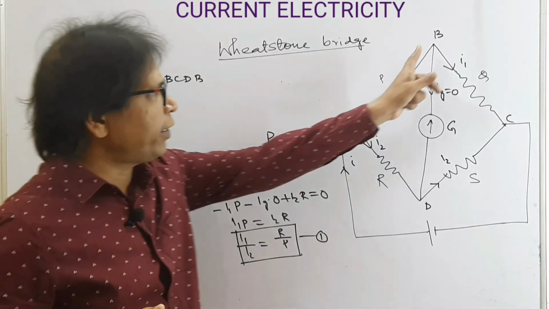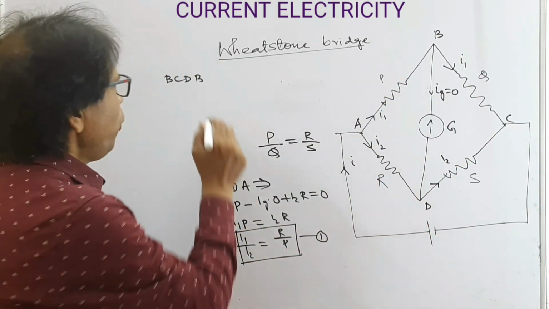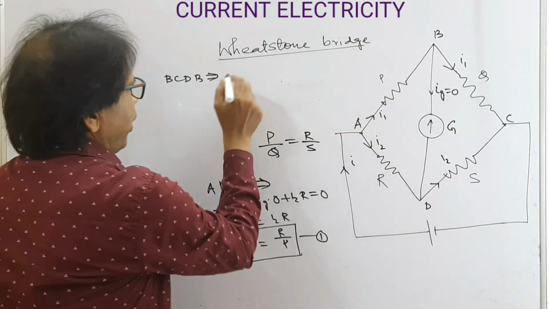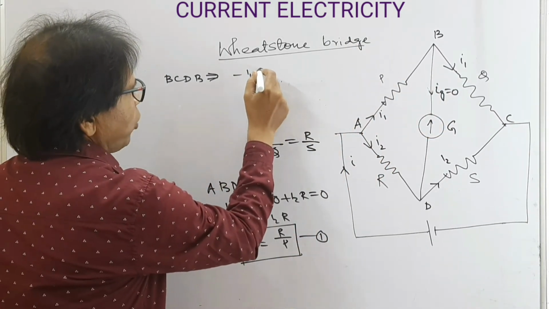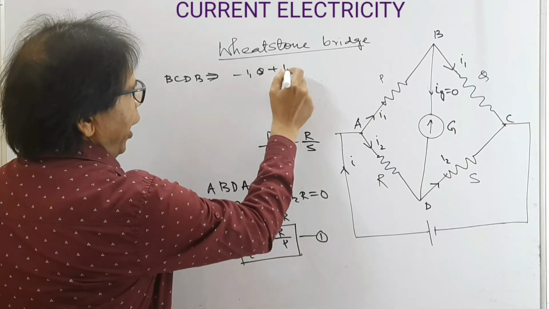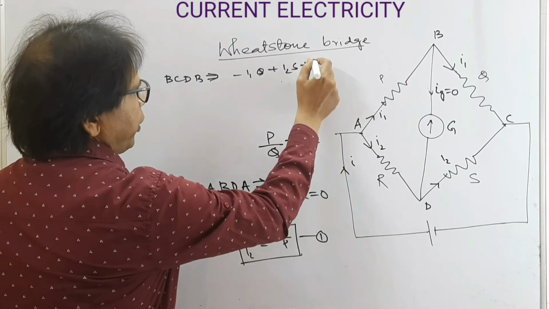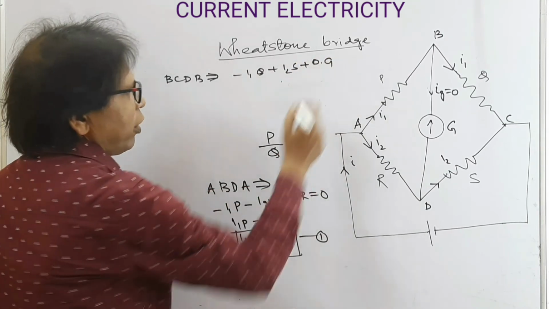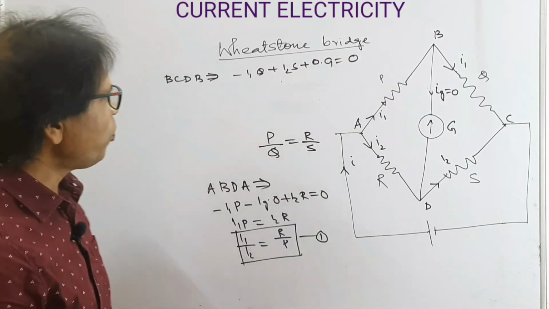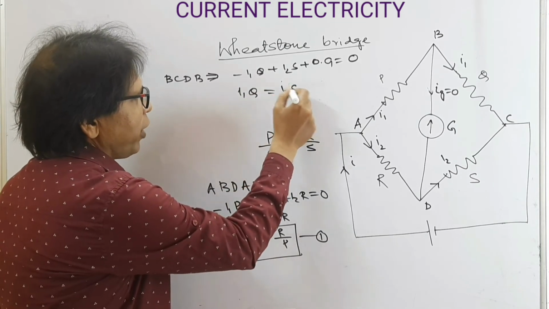Okay, in the loop B, C, D, B, we get, this is the direction of current, so minus I1 into Q. This is opposite to the direction of current, so plus I2 into S, and this also is opposite to the direction of current, so 0 into G, and this is equal to 0. So from here, I1Q equals I2S.